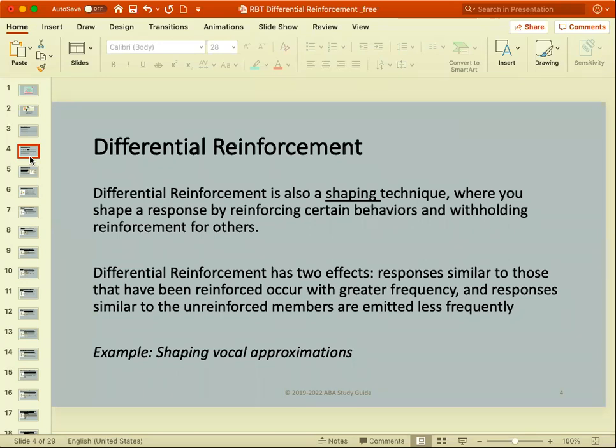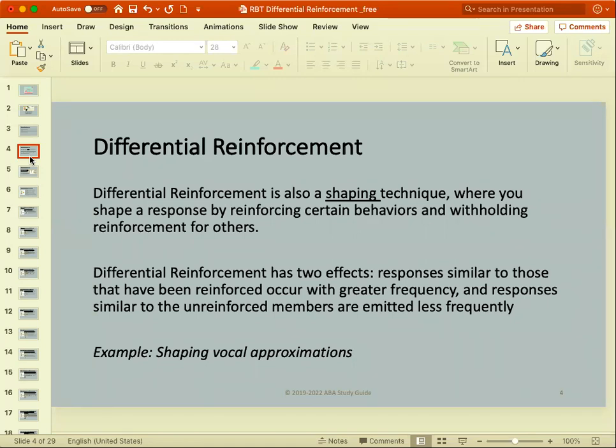So if you're trying to reinforce a certain behavior, similar responses to those that have been reinforced are going to continue to occur because something similar has been reinforced. The responses that we're trying to decrease, the behaviors on extinction, or the unreinforced members, start to be emitted less frequently.